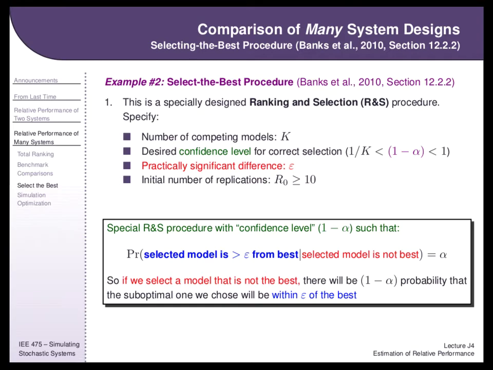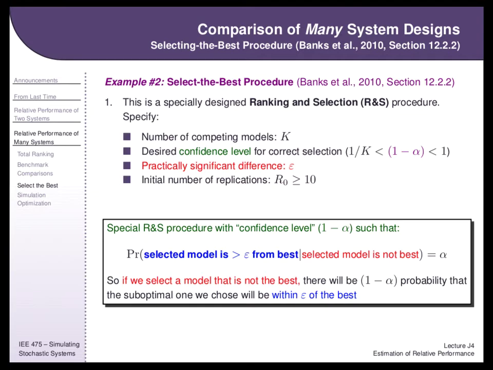The way this test is defined, our confidence level is such that if our selected model was not best, the probability that it is greater than epsilon from the actual best is going to be equal to alpha. So in other words, if our selected model is not best, there's going to be a 95% chance it's really close to the one that actually is the best.